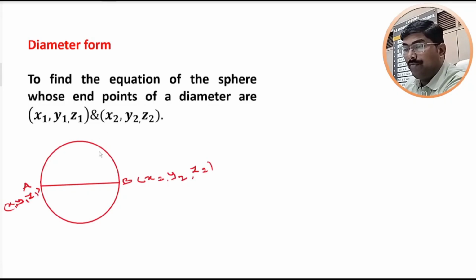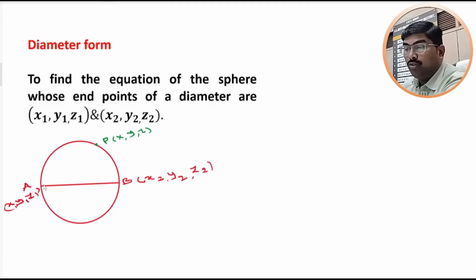Let us take P (x, y, z) be any point on the sphere.